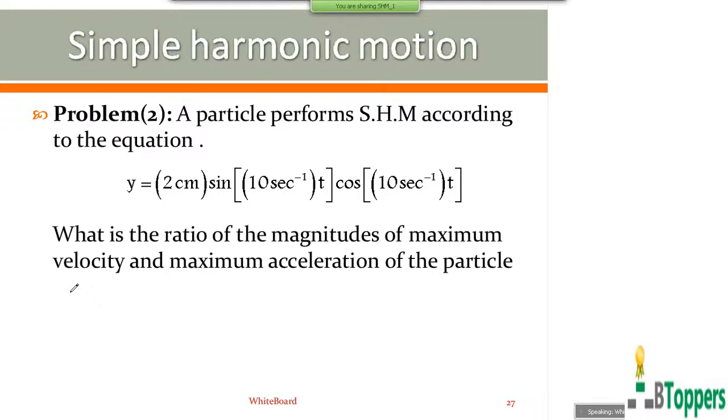Now we can try to write this expression in the standard form for simple harmonic motion. That means we can try to bring this equation in the standard form y equal to a sin omega t. So I use one formula in elementary trigonometry. As you know, in trigonometry, 2 sin theta cos theta equal to sine 2 theta.